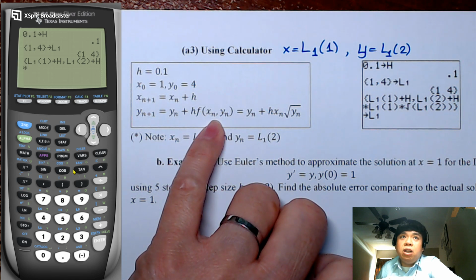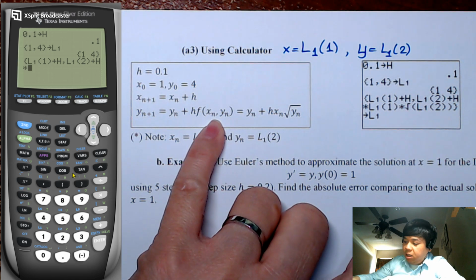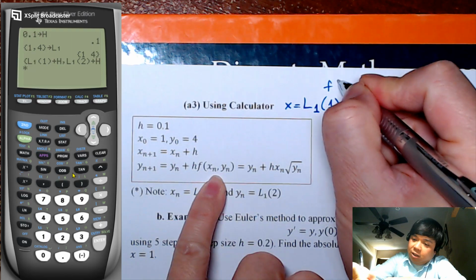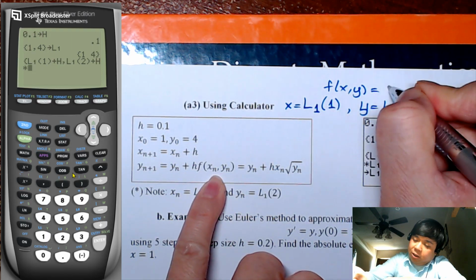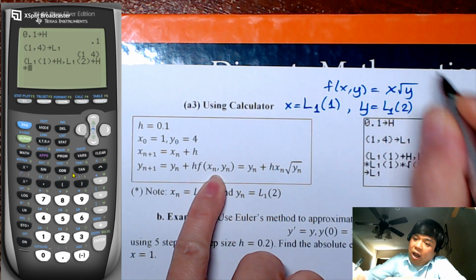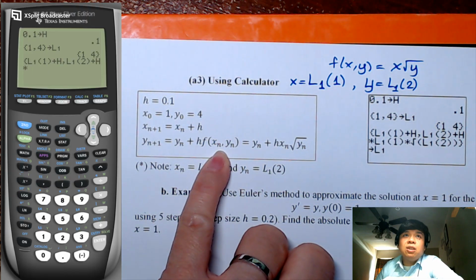The function will be x times square root of y, right? Where x is L1 of 1, and then times square root of L1 of 2. Now you can close the curly bracket.